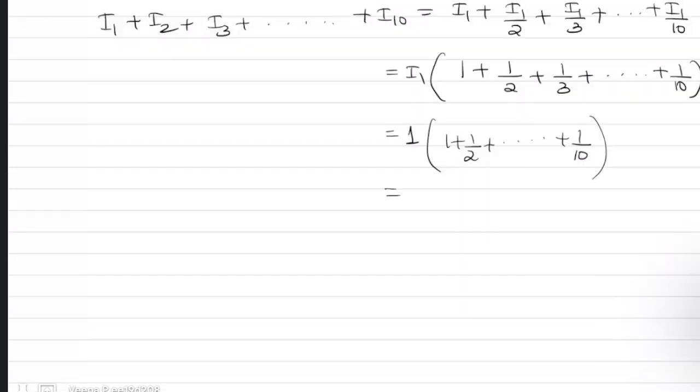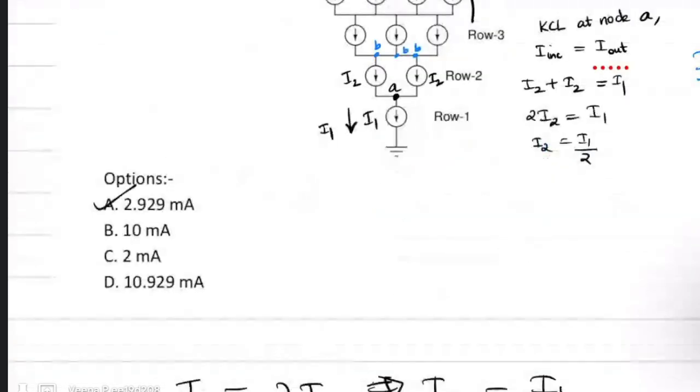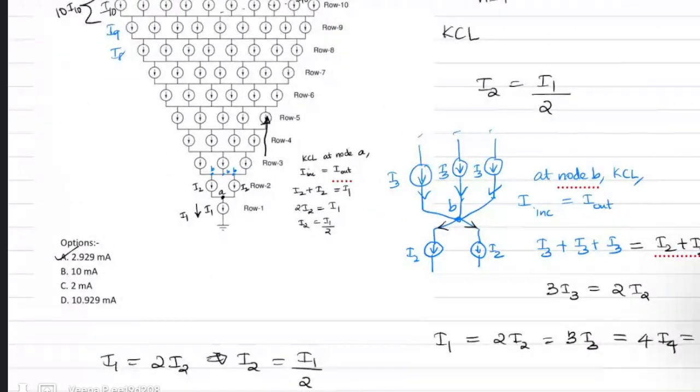This value comes out to be 2.929 milliampere. So the summation of n equal to 1 to 10 In is 2.929 milliampere, which is option A. So this problem is a simple application of Kirchhoff's current law.